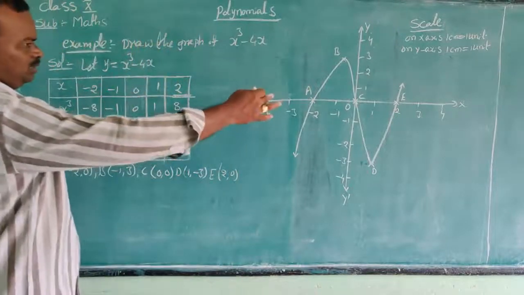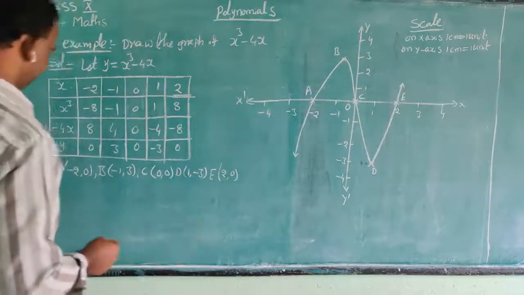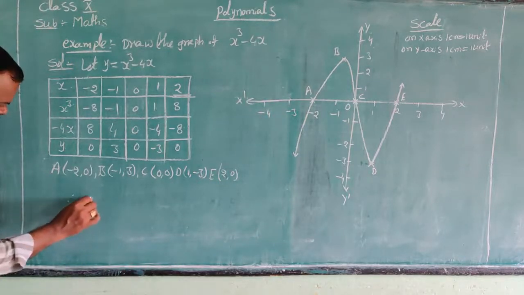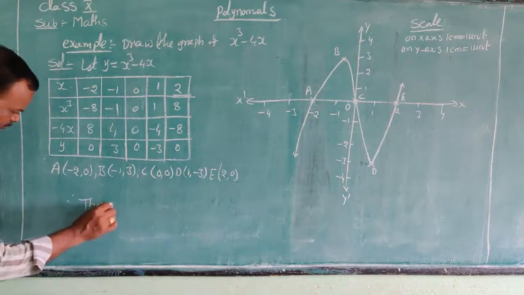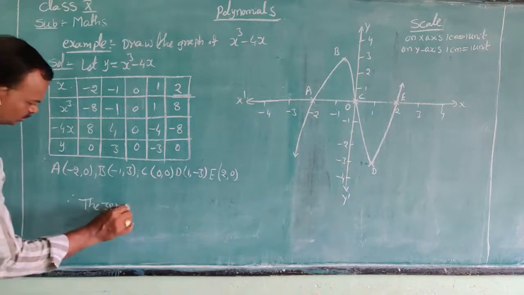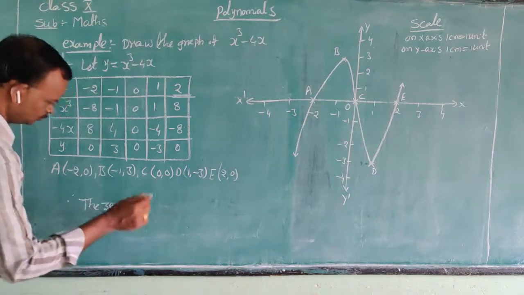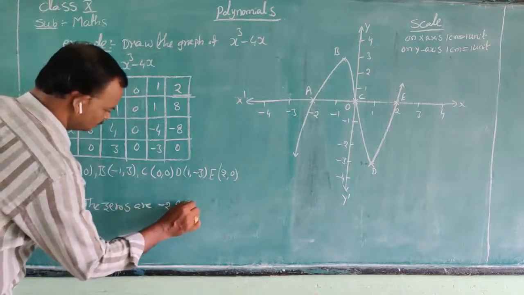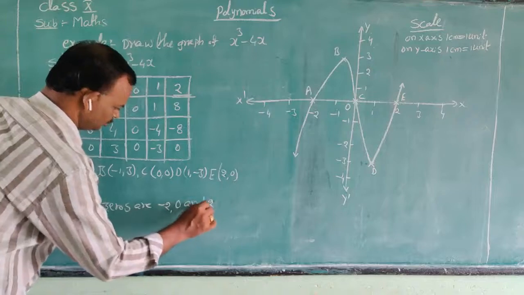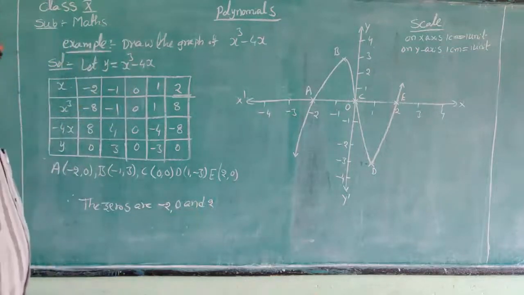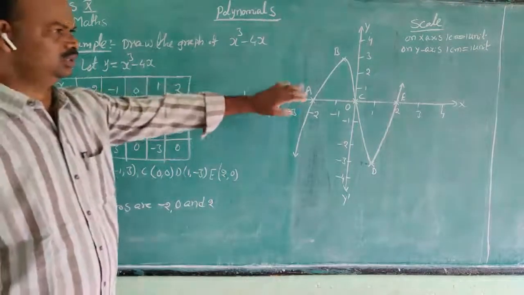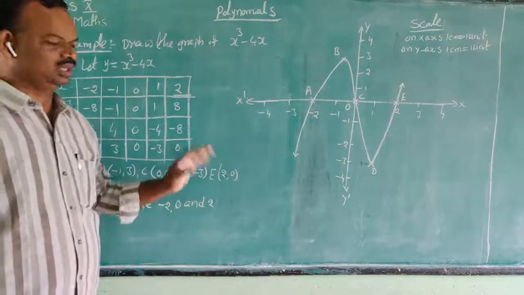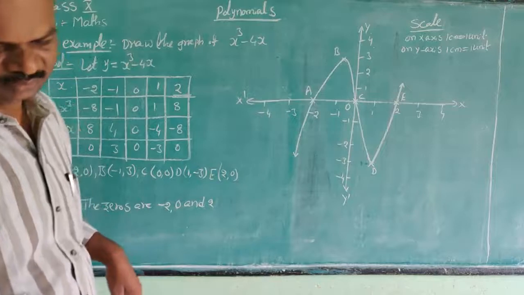Minus 2 comma 0, 0 comma 0 and 2 comma 0 are where the graph touches the x-axis. That means minus 2, 0 and 2 are the zeros of the polynomial.